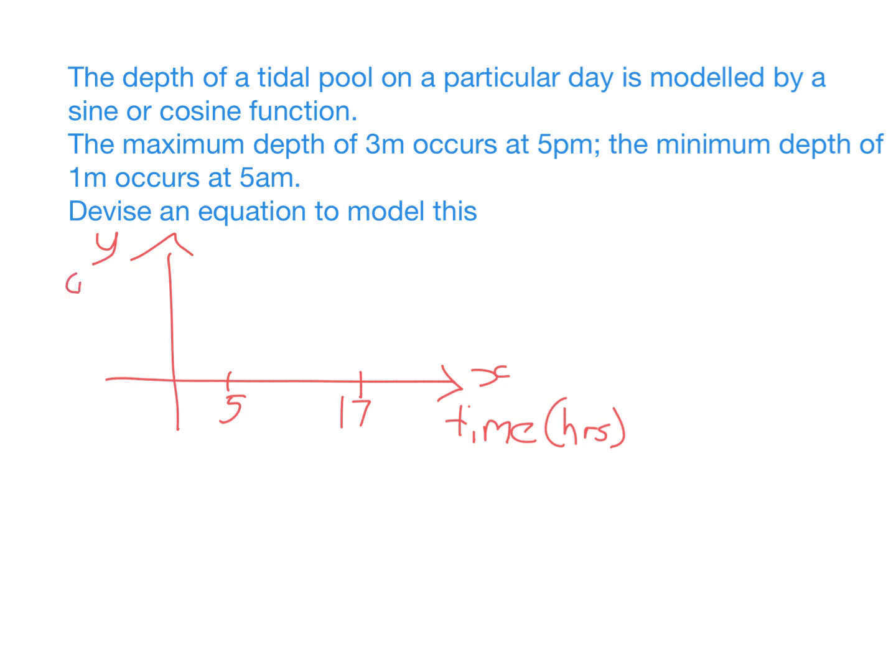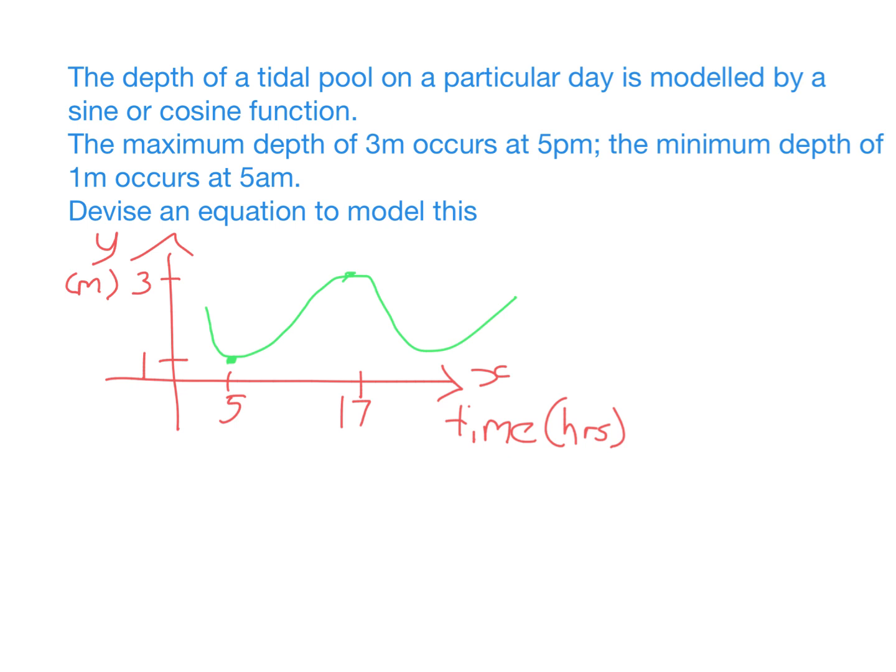Y will be in meters. So we want our function to oscillate between 1 and 3 meters. So what we've got is this function that has its trough, its nadir, its low point at 5 a.m., its high point at 5 p.m., and it's going to go continually up and down like that forever.